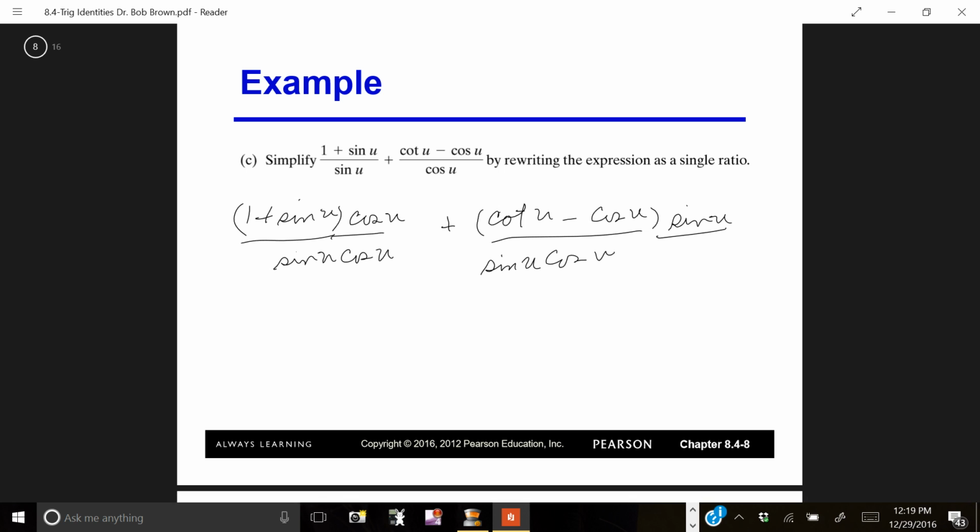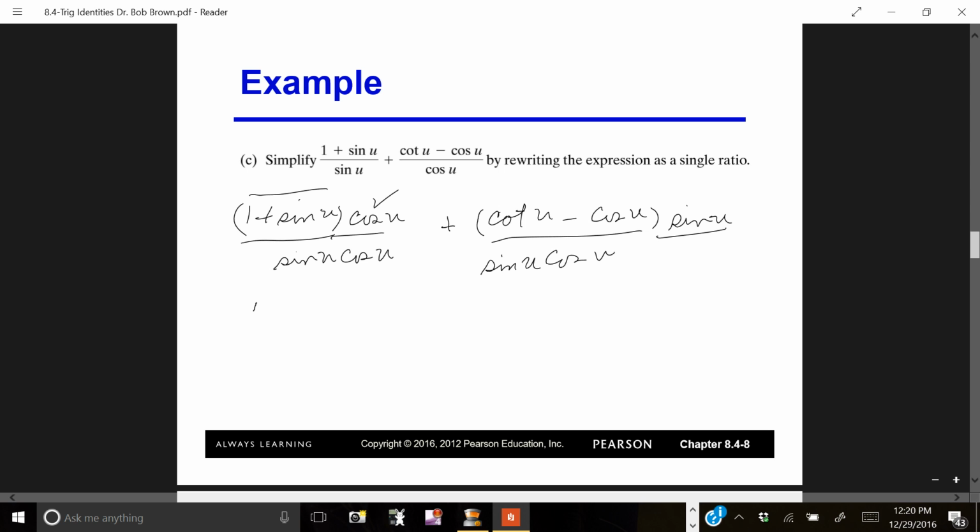Now, since I've got the same denominator, I can add the numerators, and let's multiply cosine of u times this term, and we get cosine of u plus sine of u cosine of u divided by sine of u cosine of u.